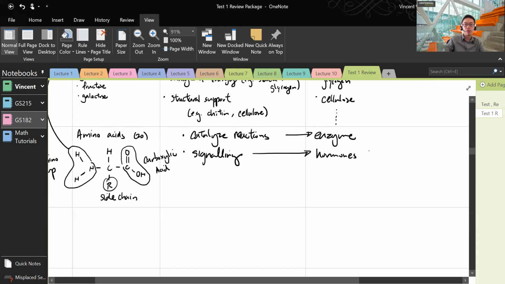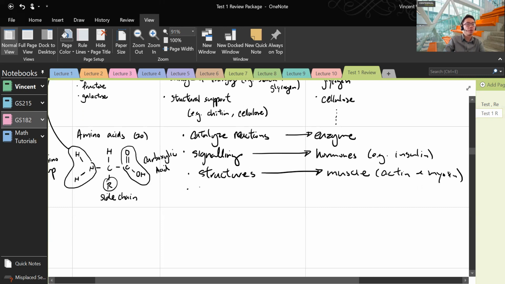And it's always good to know a few hormones. So example, insulin. That's the one we keep on saying. Structure, yeah, so muscle. I don't know if I told you or not, but it's actin and myosin. Probably not, but in case you want to know.